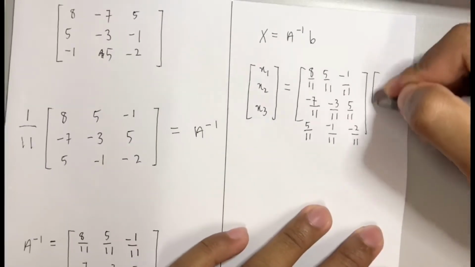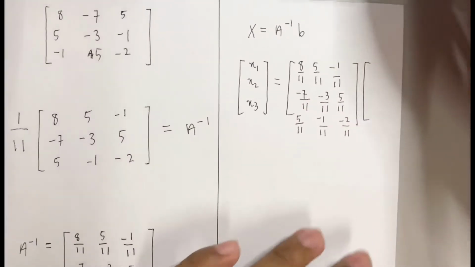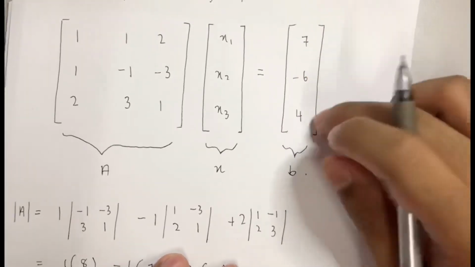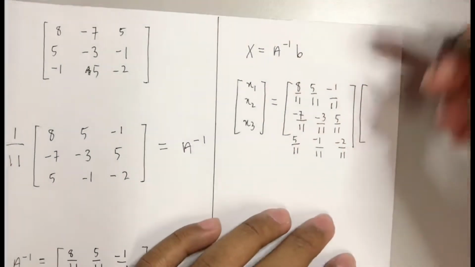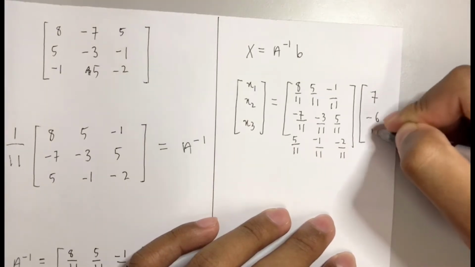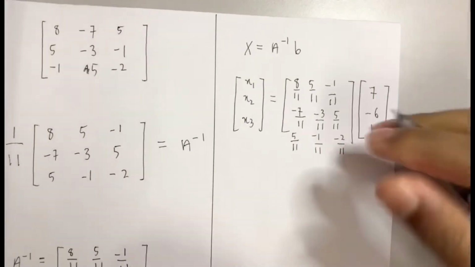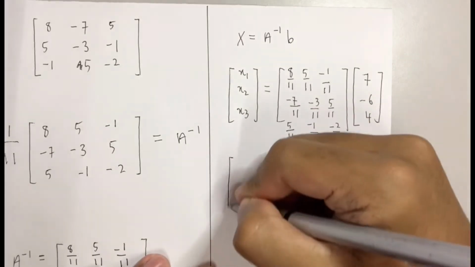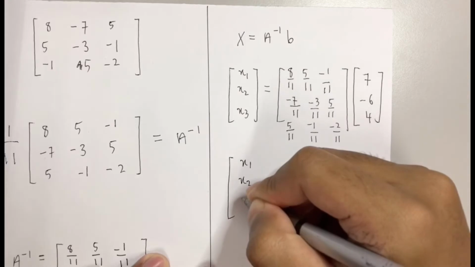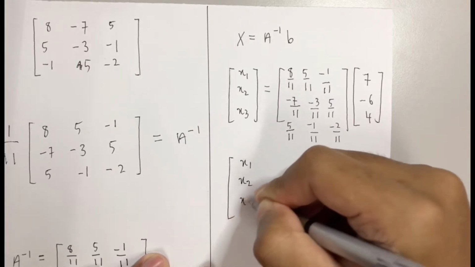Times B. B is 7, negative 6 and 4. You can find the value of x1, x2 and x3.